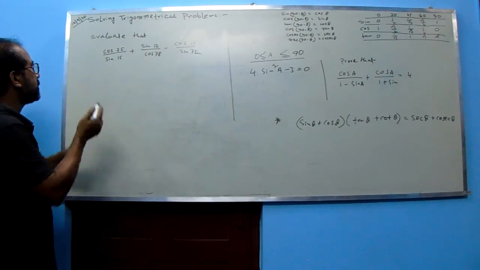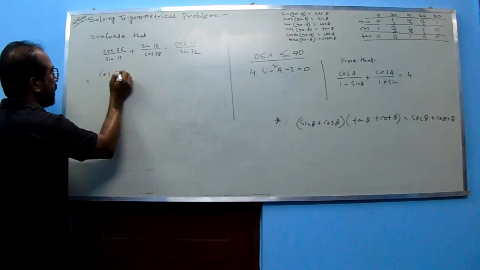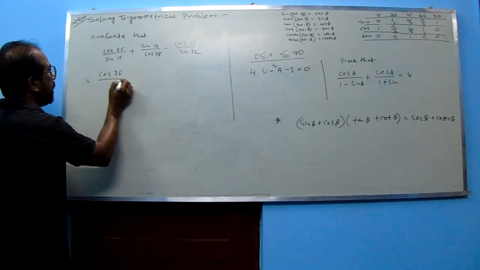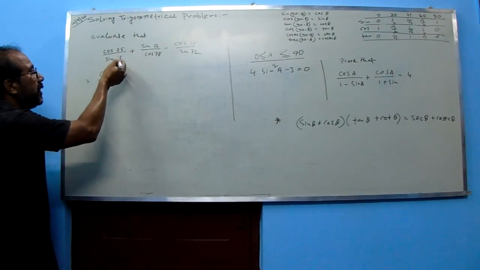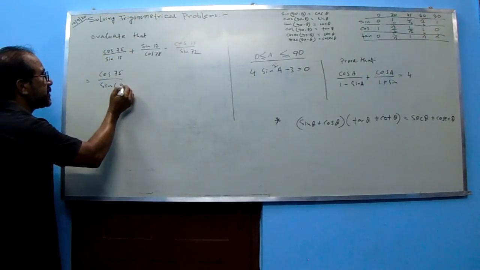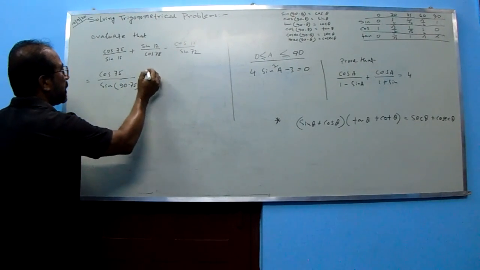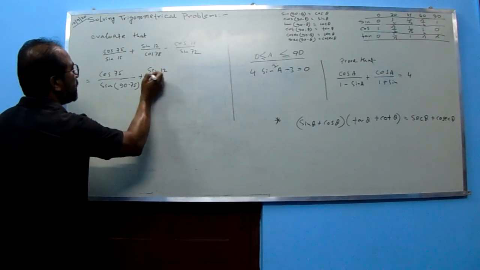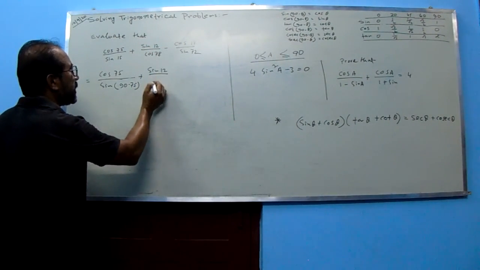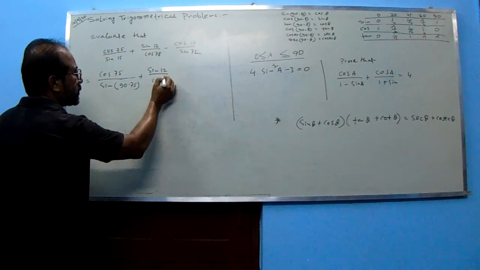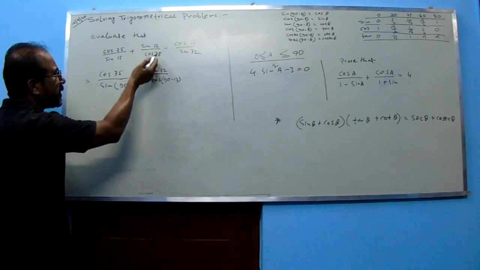So once I do this, I write cos 75, and in place of sine 15, 15 can be written as 90 minus 75. Plus sine 12 remains the same, and the denominator I want to change, so it should be cos 90 minus 12, in place of 78.